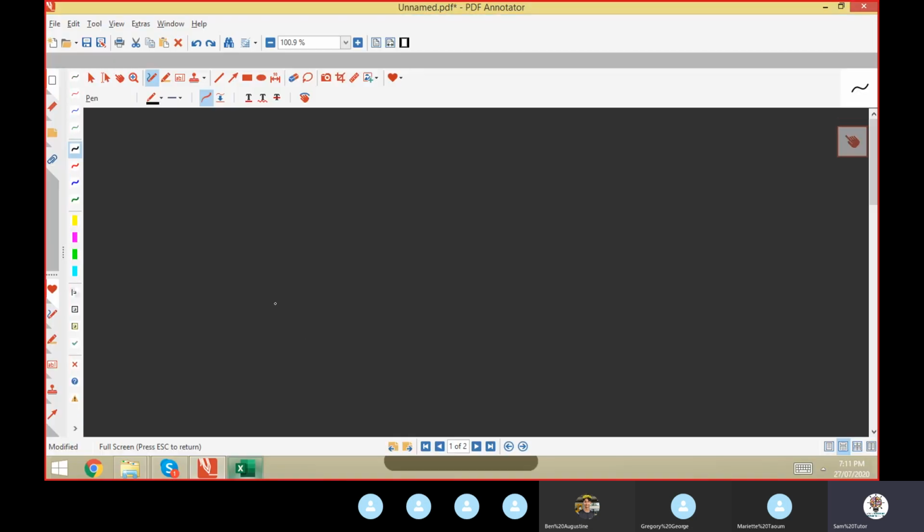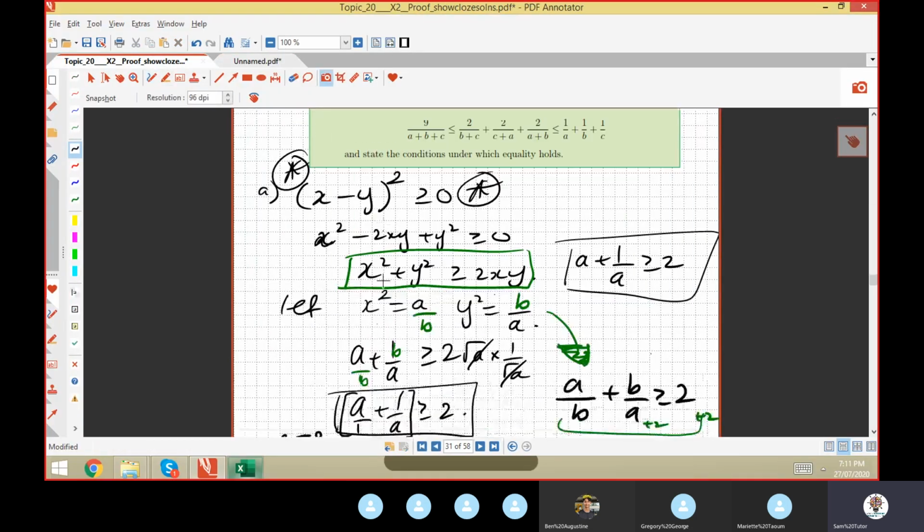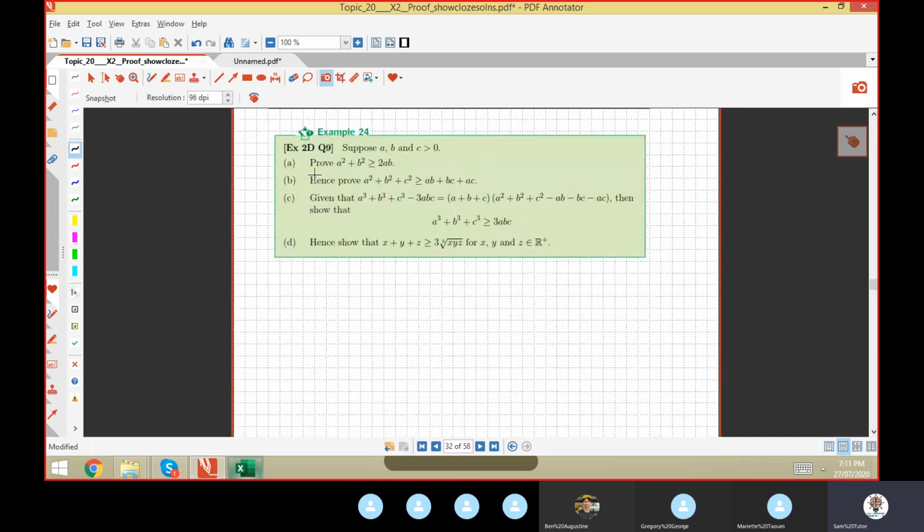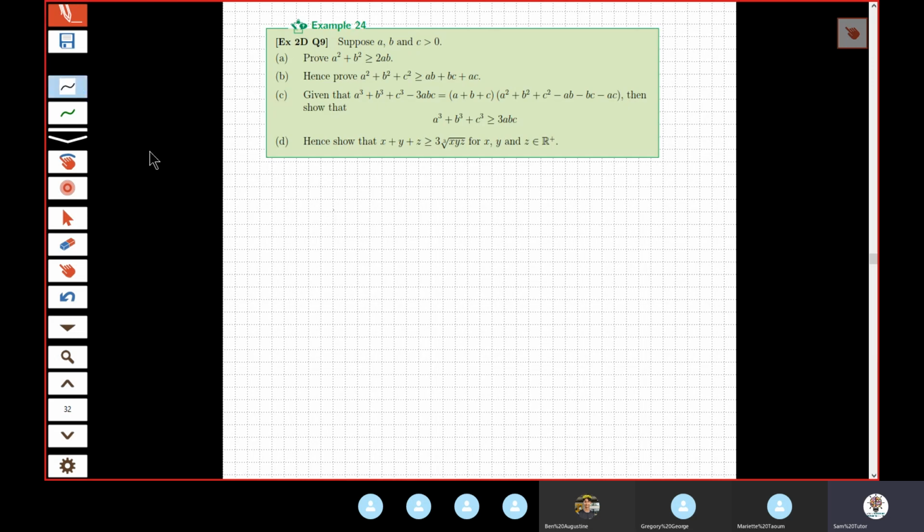So let's try another one. Let's try this. Suppose A, B, and C are greater than 0. Prove a squared plus b squared is greater than or equal to 2ab. Again, I'm sure we know what to do there.